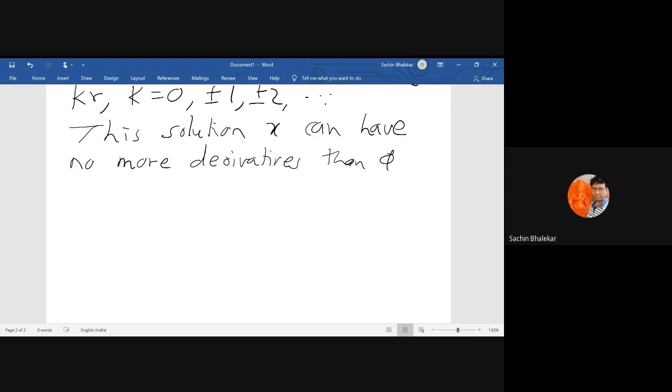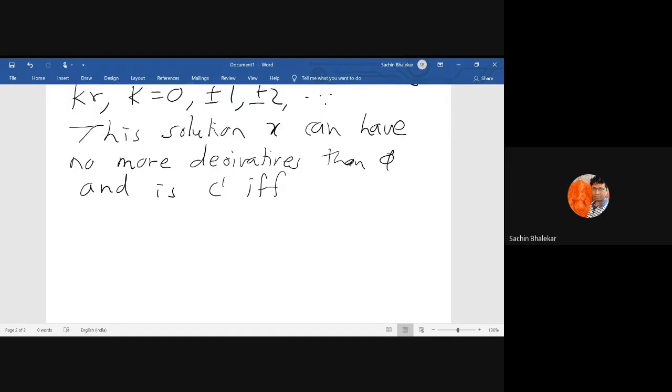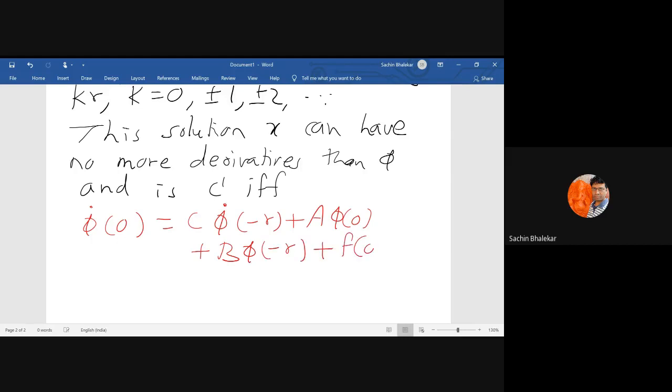And x is C1, C1 throughout, if and only if this equality holds. This is an important equality: phi dot of 0 equal to c times phi dot of minus r plus a phi of 0 plus b phi of minus r plus f of 0.